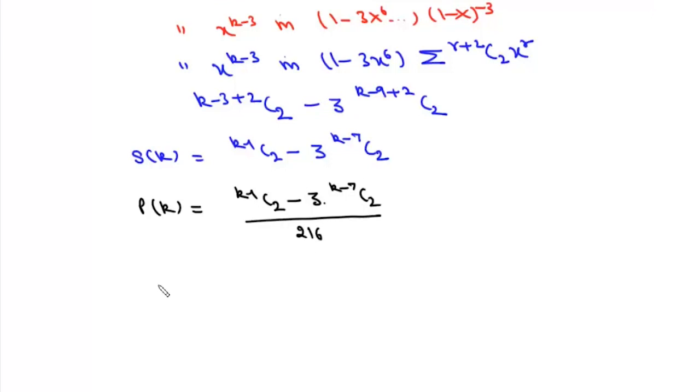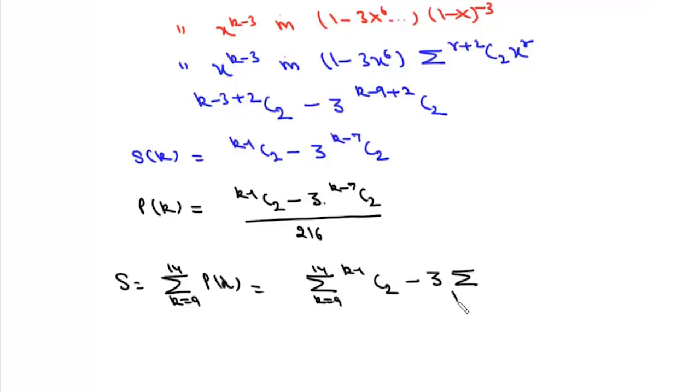Now we need to find this S, which is the summation, k varies from 9 to 14, of p k, and which will be the summation of k minus 1 C 2, where k varies from 9 to 14, minus 3 times the summation, k varies from 9 to 14, of k minus 7 C 2, divided by 216.